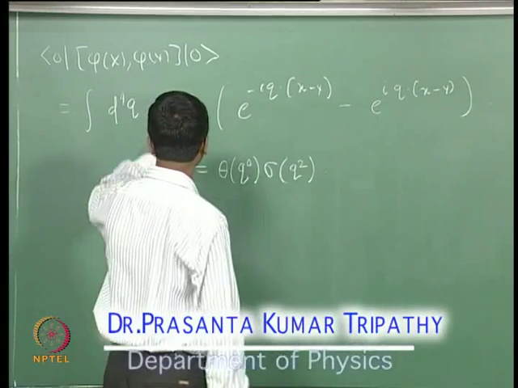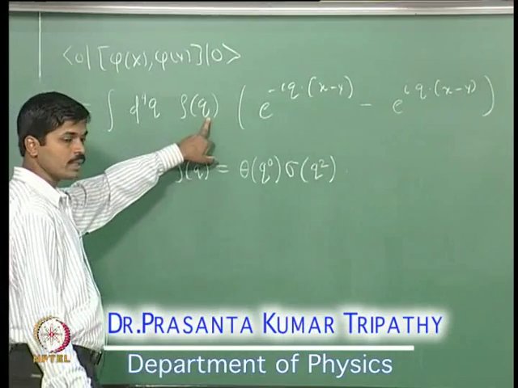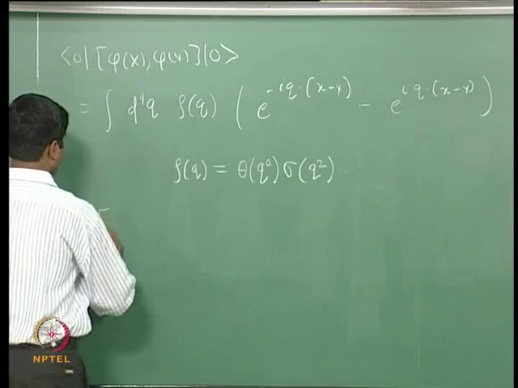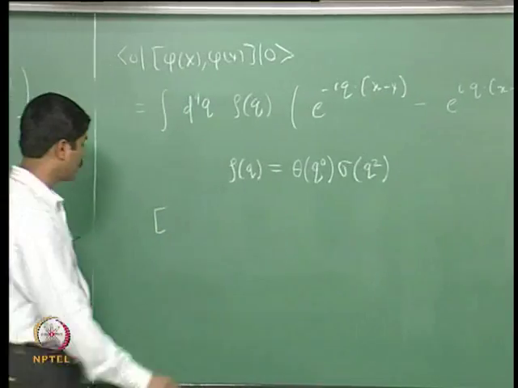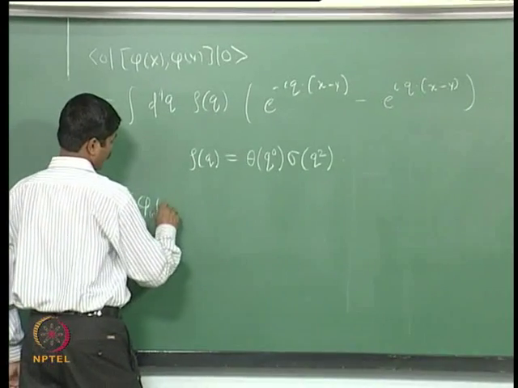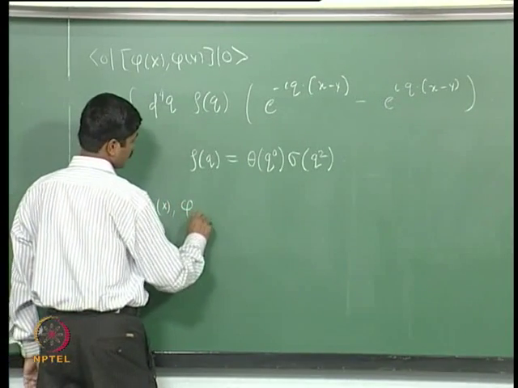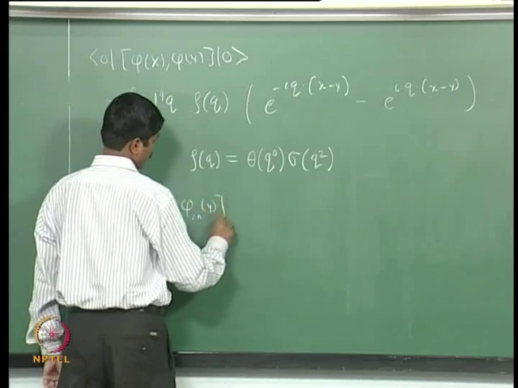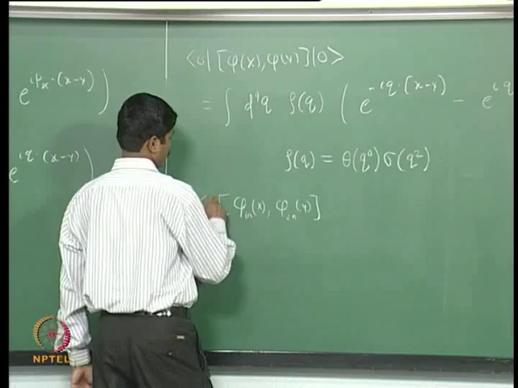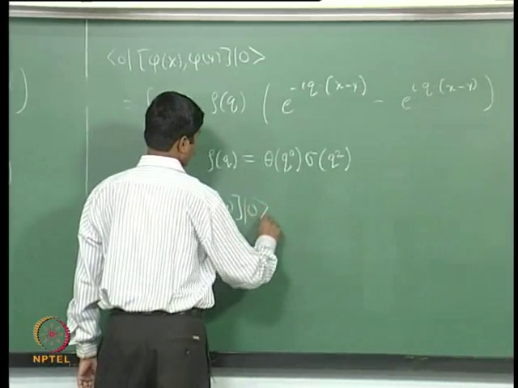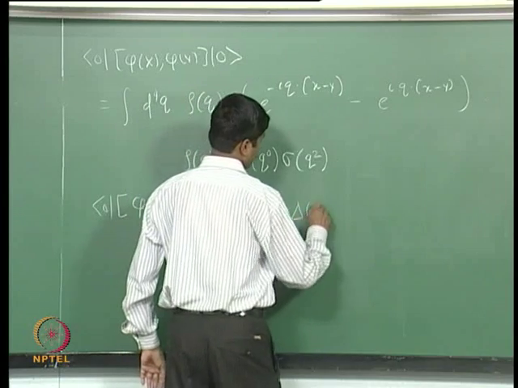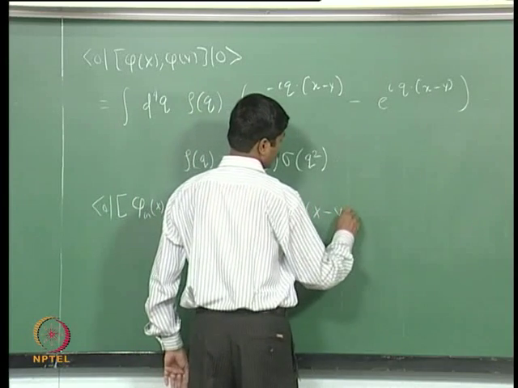You can substitute this value of rho of q here, and then you can compare this with the commutator of two free fields, phi in of x, phi in of y. This commutator, or the vacuum expectation value of that, is also denoted as i delta of x minus y.